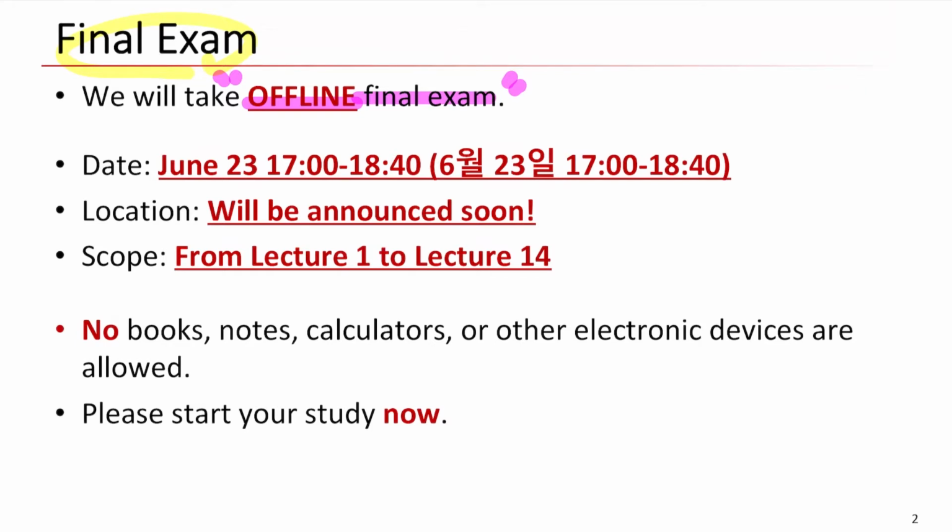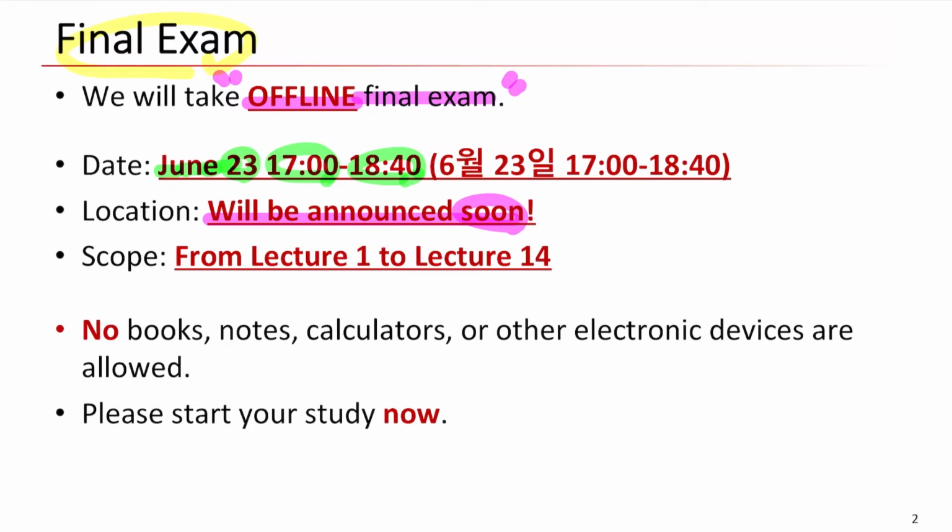The date will be June 23, from 5 p.m. to 6:30, and the location will be announced soon, because in this semester there are so many unexpected situations, so we have to organize the room for the final exam.